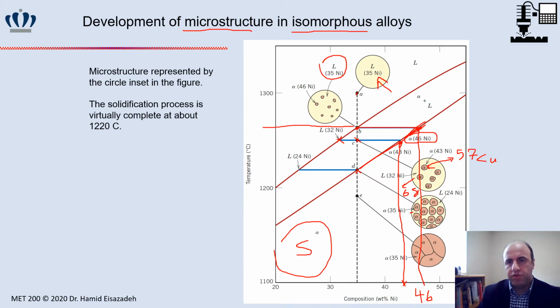If you go a little down, then you have one phase, and the phase is going to contain 35% nickel, follows this point, and then 65% copper. So this is the way we can find the microstructure of the alloy at different temperatures, starting from liquid, ending in the solid state.